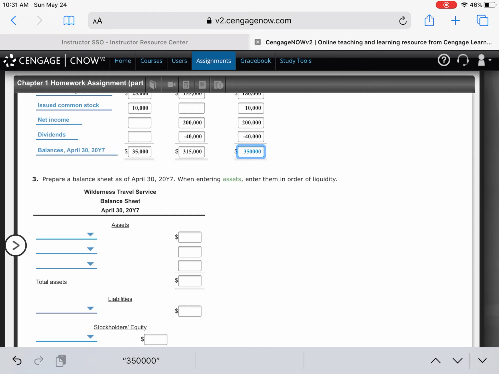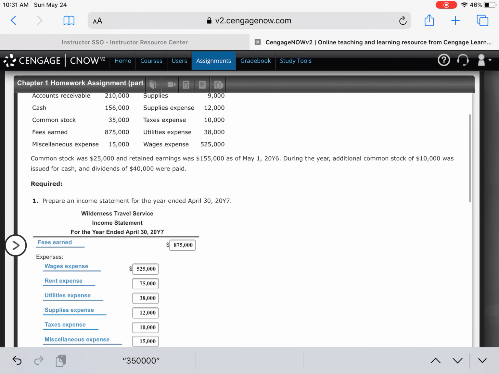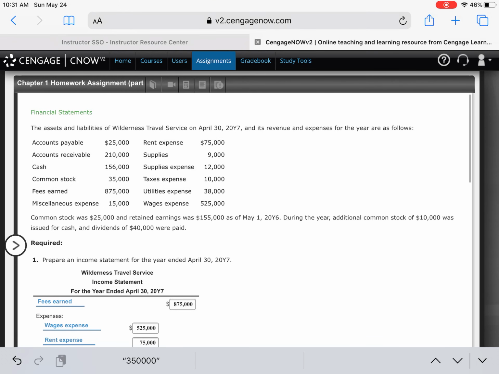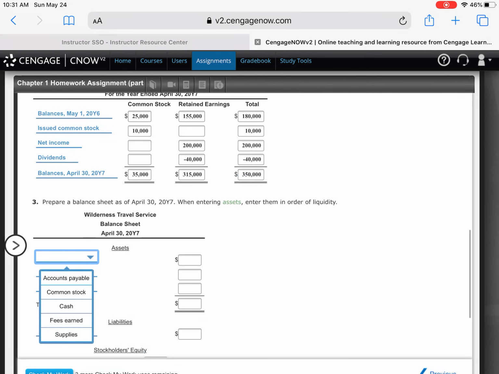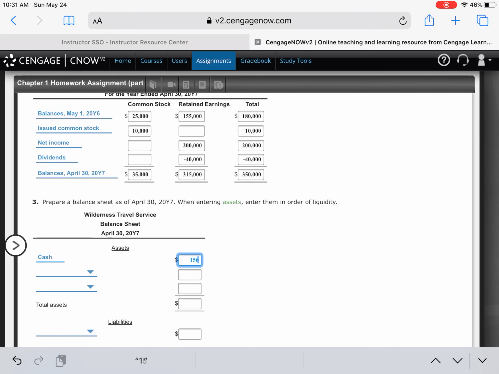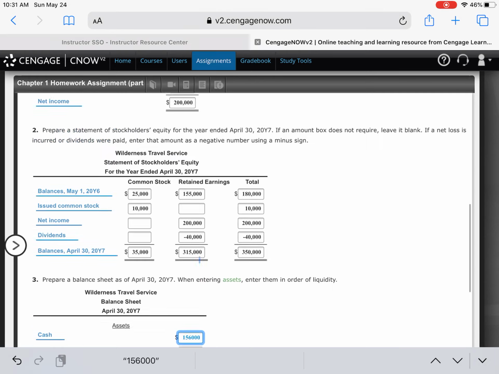And what we mean by liquidity is how quickly we could convert those assets to cash for our business. So looking at the information that's provided, we have cash of $156,000. So cash is always our most liquid item that we have in terms of our assets because it's already in its most liquid form.